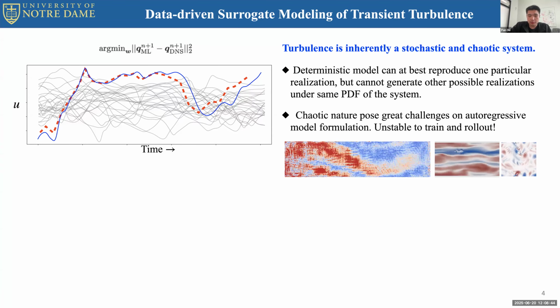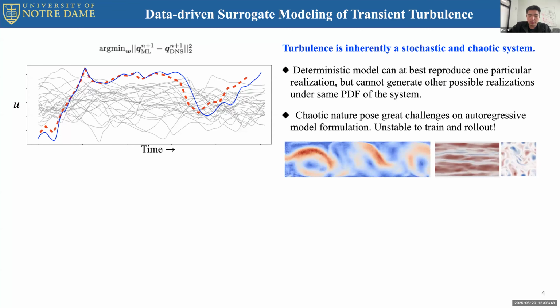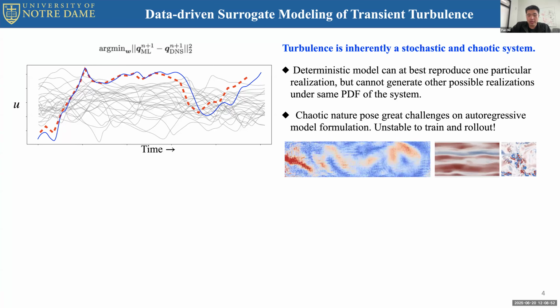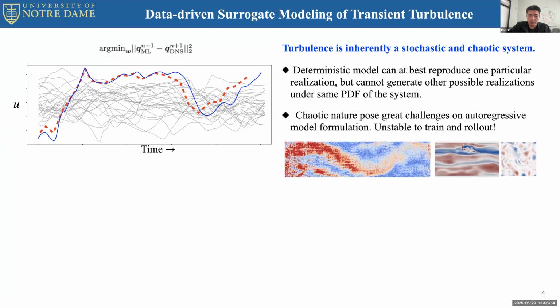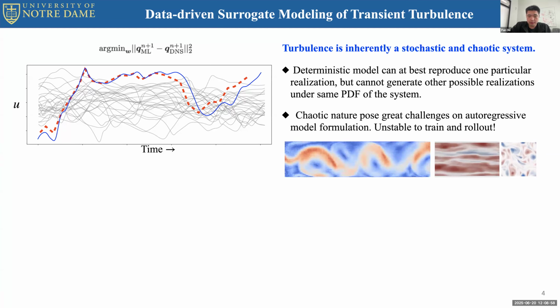Another point about turbulence is that it has a chaotic nature, which means even a slight fluctuation in the flow field can be magnified as time goes forward and develop into totally different flow fields.